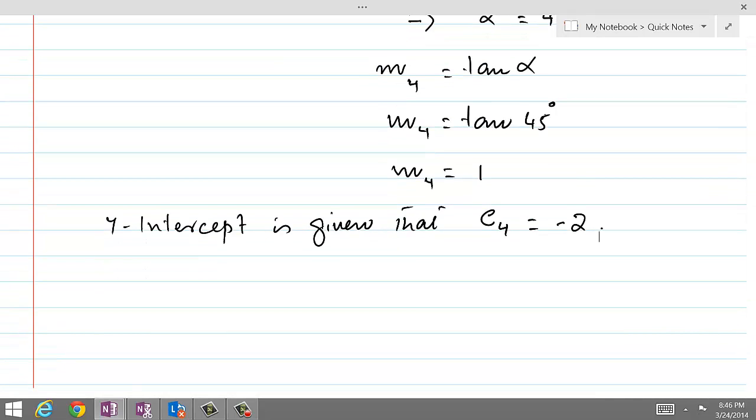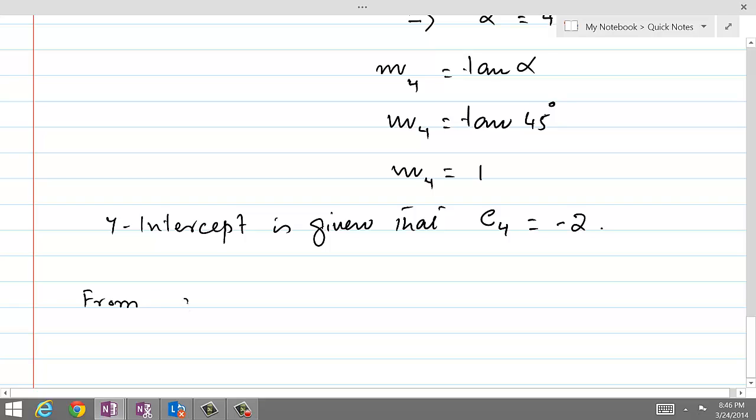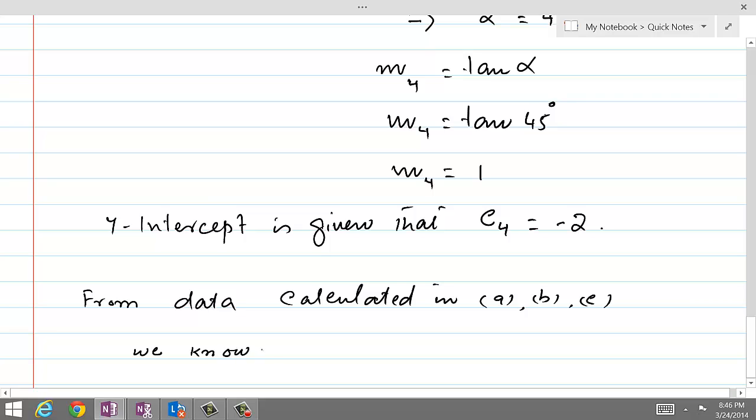So from the data calculated in part A, part B, part C, we know that L1, L2, L3 are the same lines.